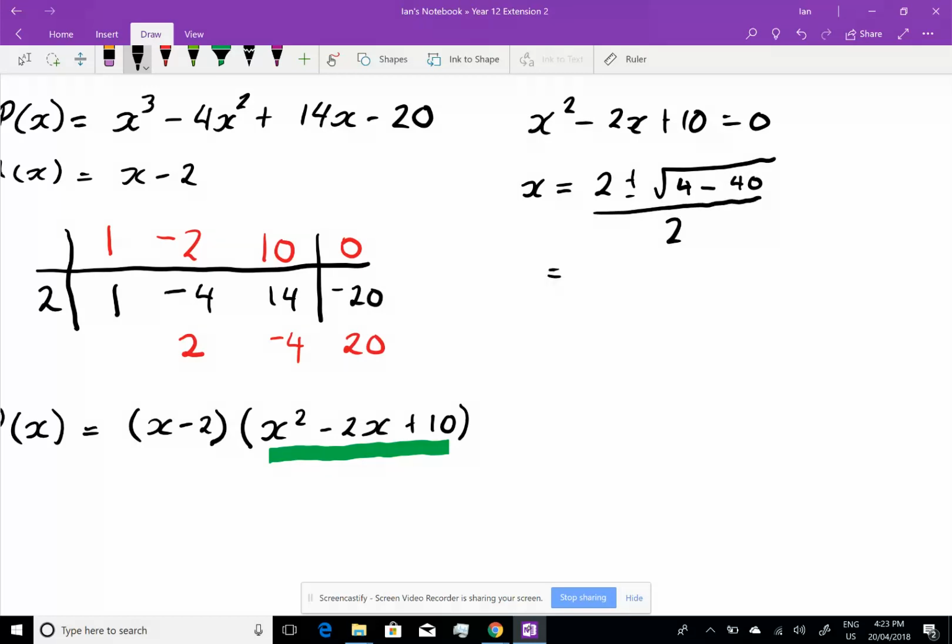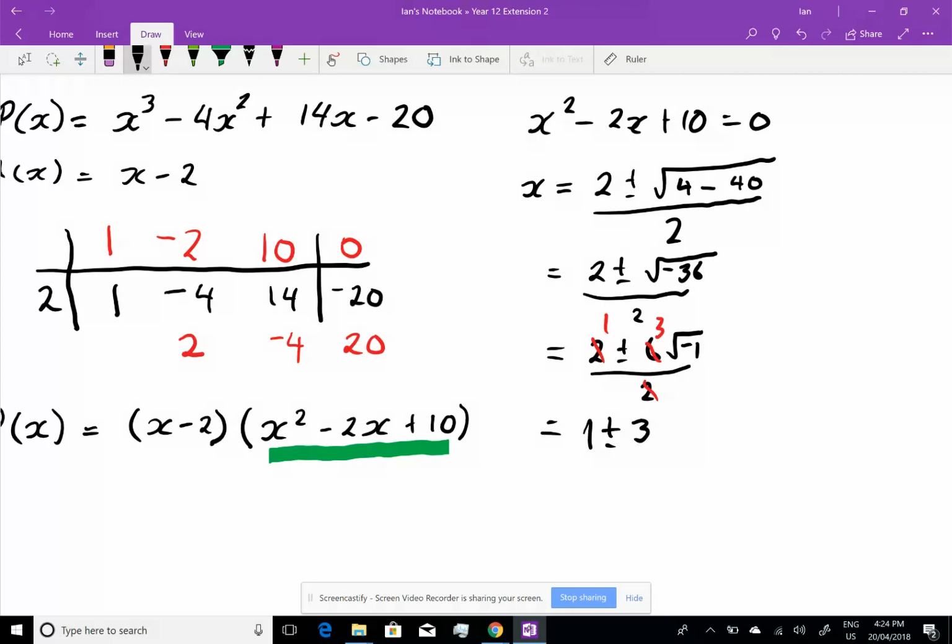And I'll get 2 plus or minus root negative 36 all over 2. I'll rewrite that as 2 plus or minus 6 times root negative 1, over 2. The 2s will cancel and I'll get 1 plus or minus 3 root negative 1. And I can stop writing that. That's 1 plus or minus 3i.